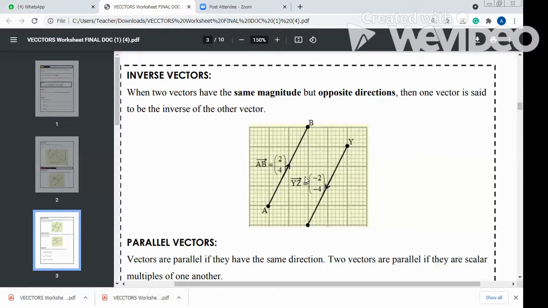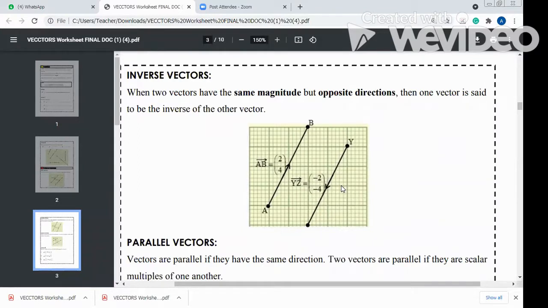Now, just because both of them are negative doesn't negate the fact that they have the same magnitude. And I'm going to show you how that is possible. You might be saying, sir, negative 2, negative 4, those are smaller numbers. You could argue that, not true? But look at it, 2 and 4, and you have negative 2 and negative 4. I'm going to show you how these two values are actually the same.